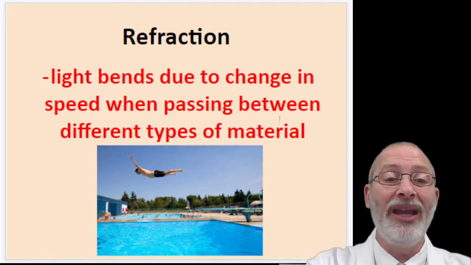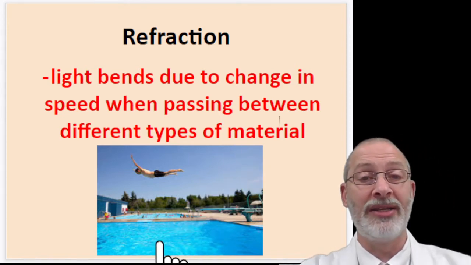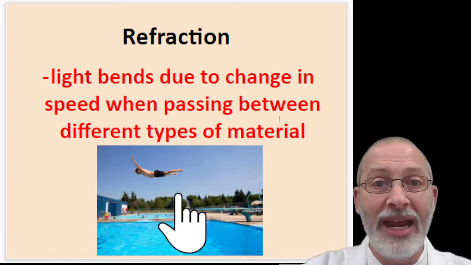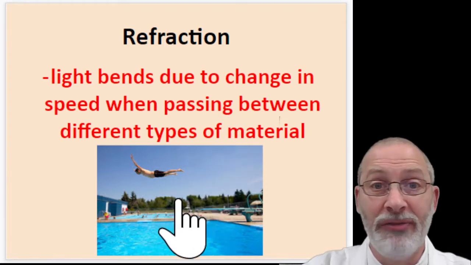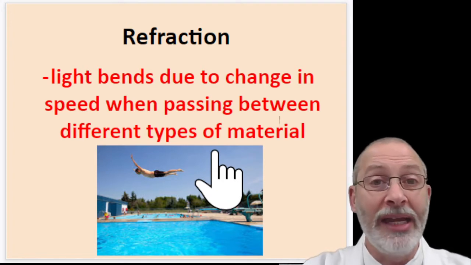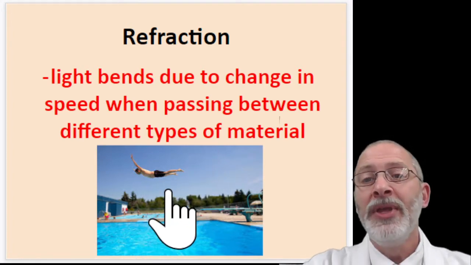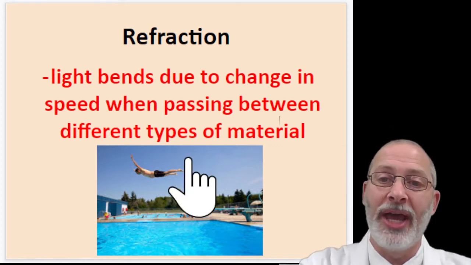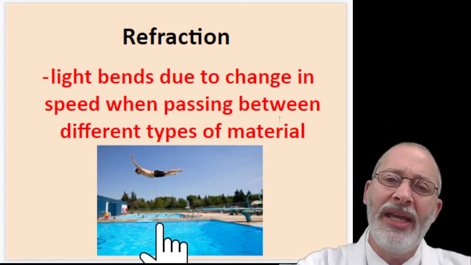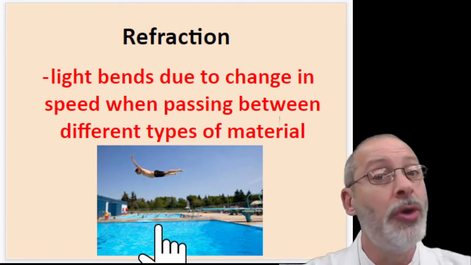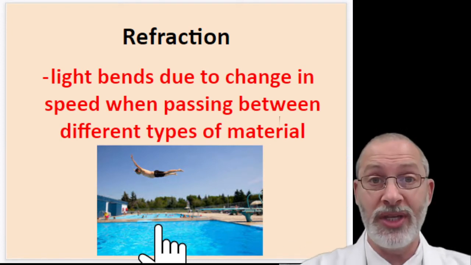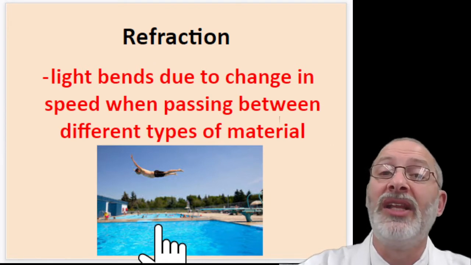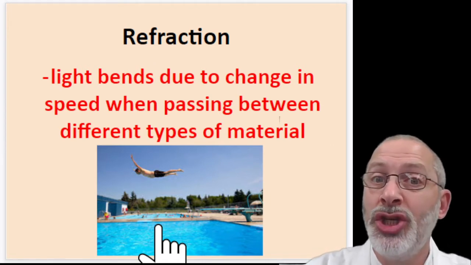So think about light entering into this pool for a moment. Light is traveling at a certain velocity, the speed of light, as it's shining through the air in those parallel rays we talked about yesterday. But as soon as that light hits the water, which is also transparent or see-through, it has a different density and its light speed changes.